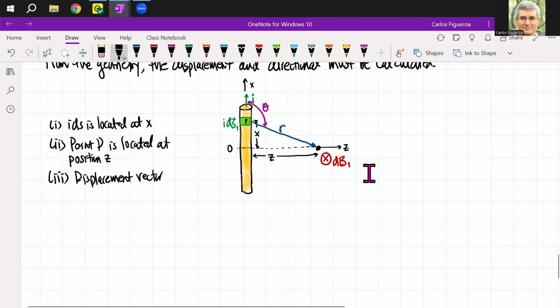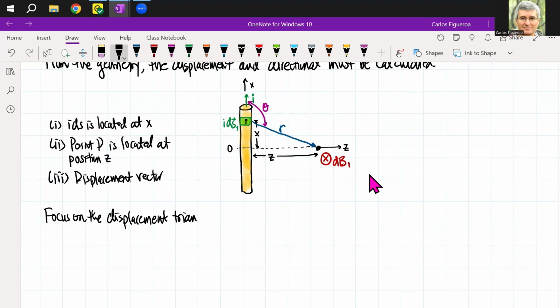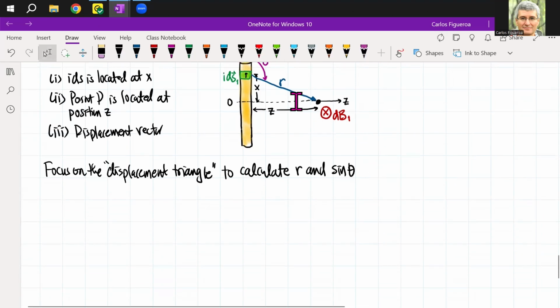We have to focus on the displacement triangle to calculate r and sine of theta. If I look at that triangle, it's right in here. I'm going to have a triangle that's going to look something like this.